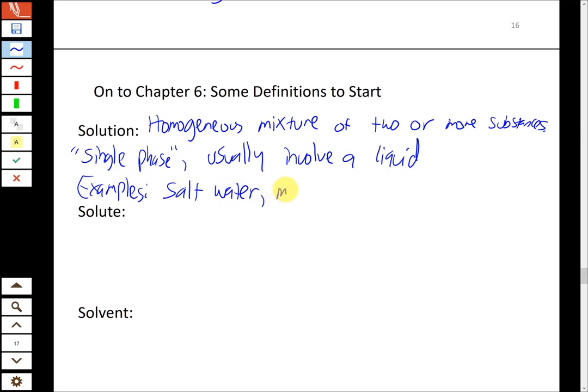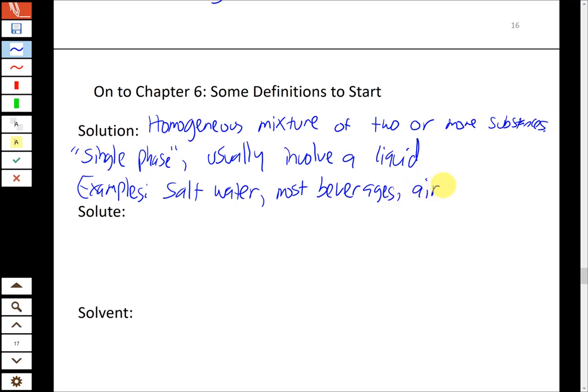Most beverages are solutions, especially if they're transparent, like a juice. Carbonated beverages, they sort of are, but some of the gas that's dissolved escapes, so they're a solution, but then the components separate. But anyway, most beverages are solutions. Solutions can involve gases as well.